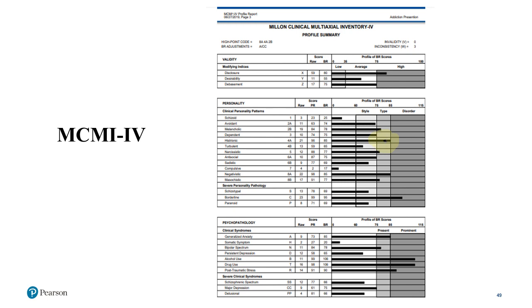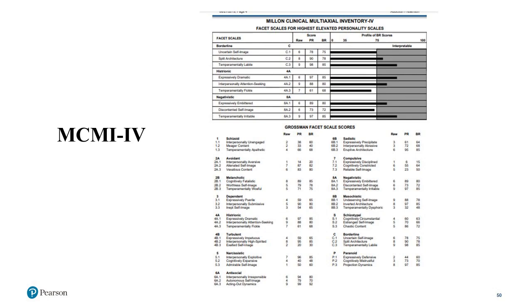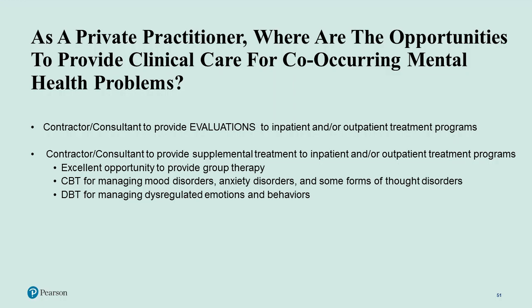And so as you can see, we may have somebody who is scoring high on histrionic traits, maybe high on narcissistic traits, and high on borderline traits. Okay, and this is actually fairly frequent in alcohol and drug treatment, where you'll see a lot of folks who present with some of the exaggerated externalization or internalization of negative identity factors and whatnot. And so many treatment models have started to incorporate interventions to target some of these, such as incorporating DBT and these types of treatment models. So the MCMI is nice in that it really gives you an understanding of what the playing field is that you're dealing with somebody in outpatient treatment.